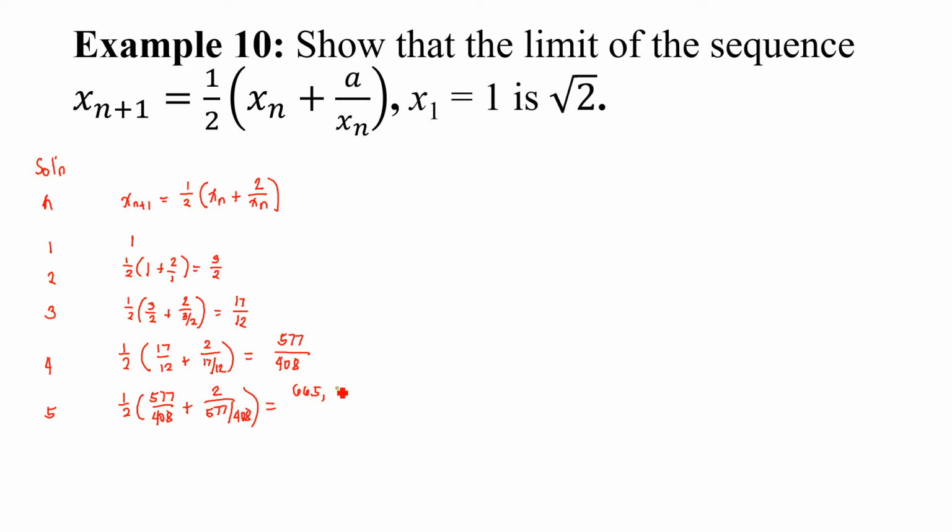It's big. So here we could say that the first term is 1, then 1.5, then 1.4166, and so on, and this would be 1.414215, and this would be 1.414235.